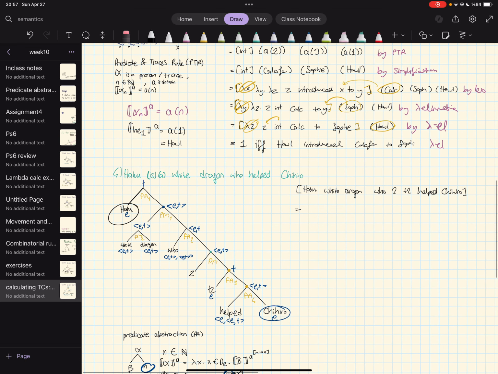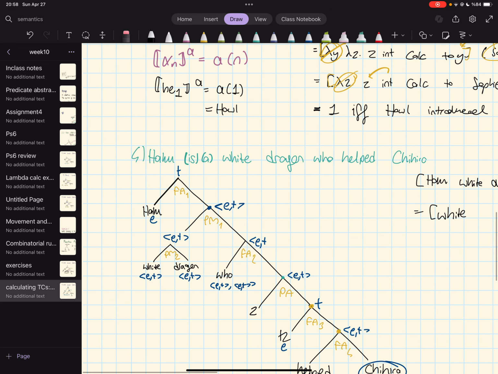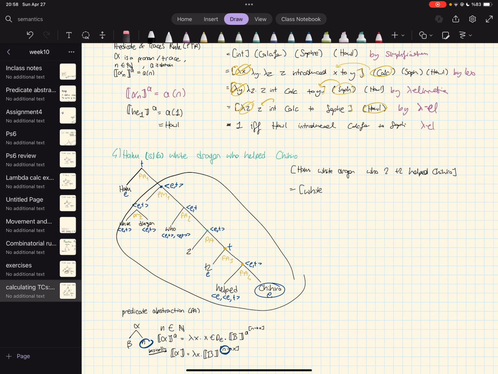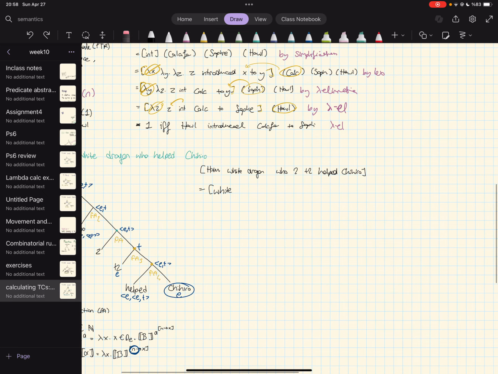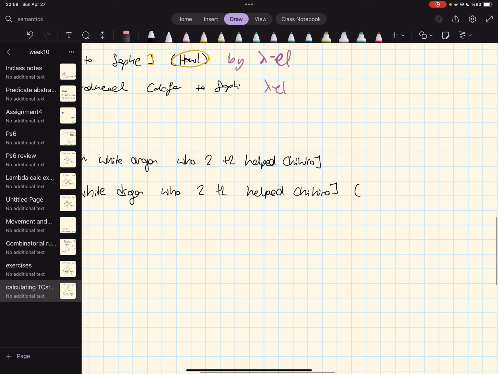Now the first thing I need to do to calculate the next function, which is a function of type ET, I need to factor out Haku, and to do so, let's do it. The function is this part. The argument is Haku. Therefore, let's start off by writing the function first. White dragon who t2 helped Chiro with the argument Haku.